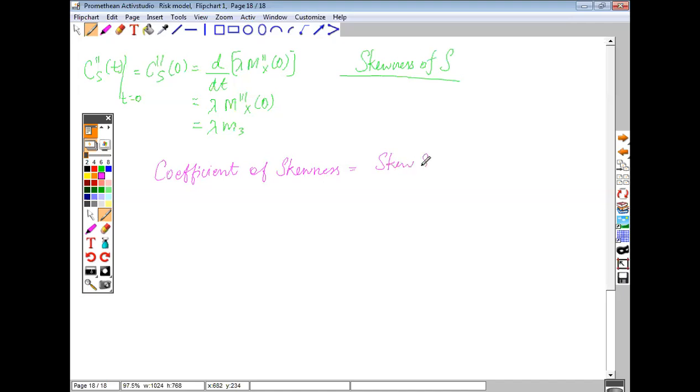And what is the formula? It has skewness of S in the numerator, and in the denominator it will have variance of S raised to 3 by 2, right? Okay, so we derived the skewness as lambda times m3, and we had our variance as well, which was just lambda times m2. So did you guys notice what was my expectation for S?